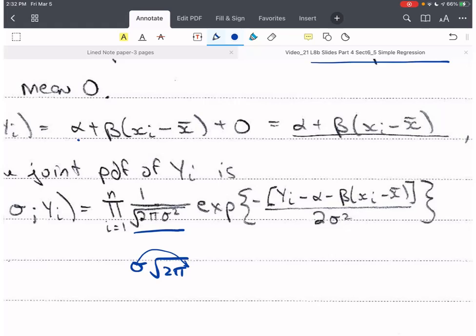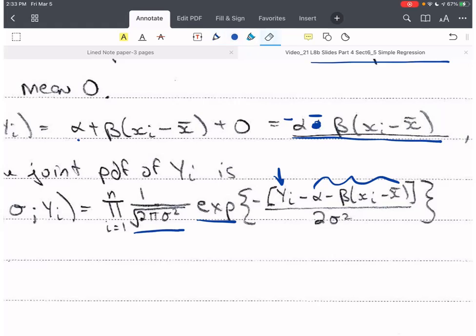To do that, we have to square it, because the square root of the squared is just sigma, okay? And then we have exp, and we have yi minus its mean. Its mean is given right here. We're subtracting, so we'll have a subtraction here, and that will become negative as we distribute that negative sign. And then that divided by 2 sigma squared in the denominator.